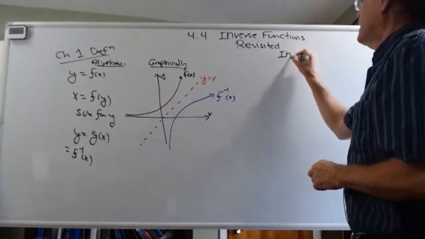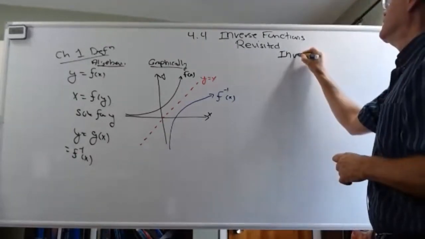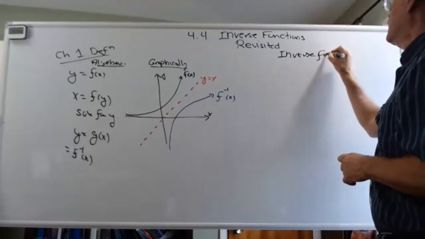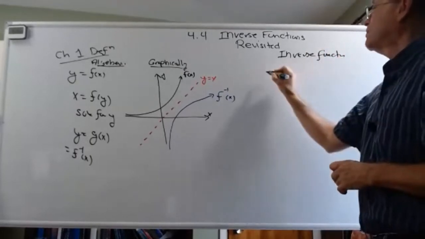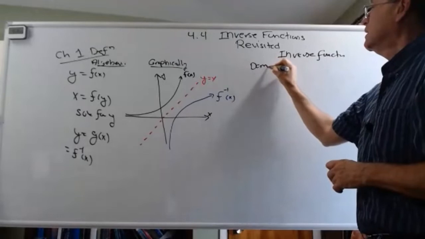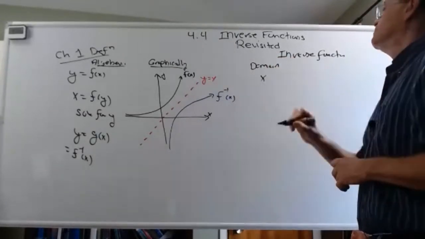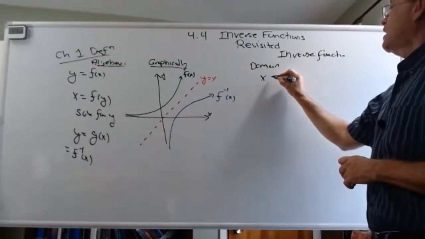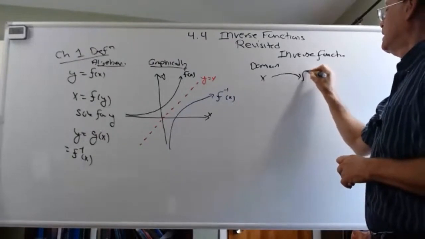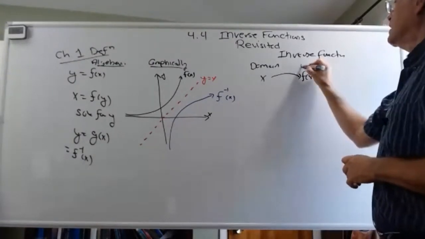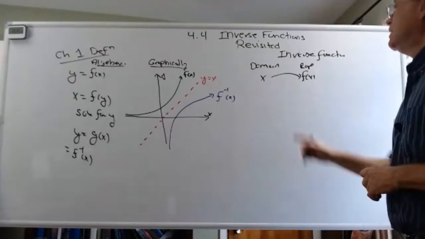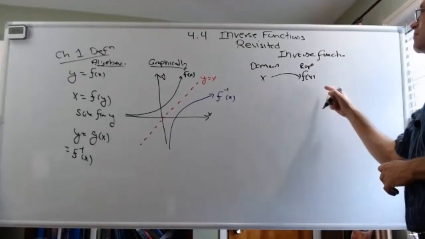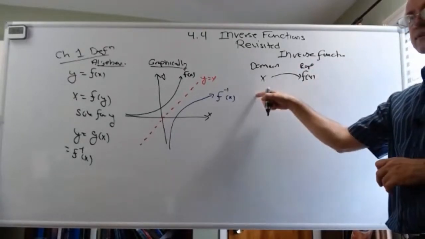An inverse function has one objective. You start with some value in the domain, x, and then you apply a function to that, and you get something in the range, f of x. An inverse function is something that's going to take you back.